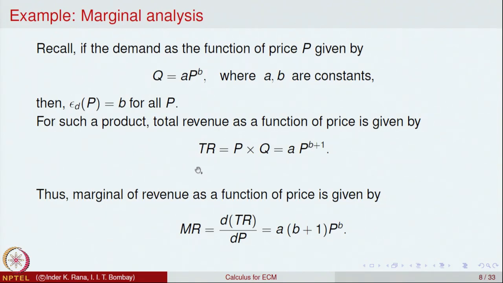So, the marginal of the total revenue as a function of p will be the derivative of total revenue with respect to p. That will be equal to a into b plus 1, the power comes down, into p raised to power b plus 1 minus 1, so p raised to power b. So, marginal revenue turns out to be a into b plus 1 into p raised to power b.